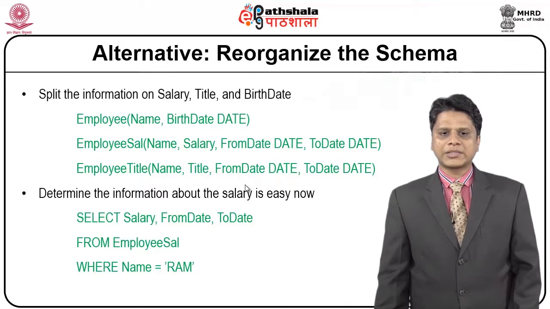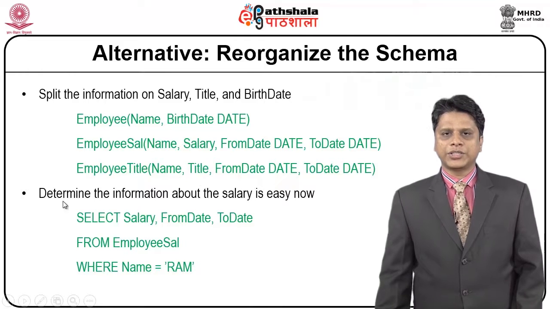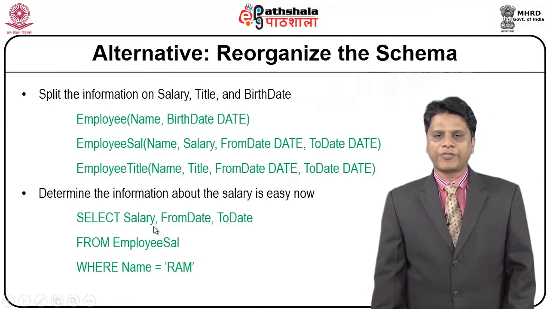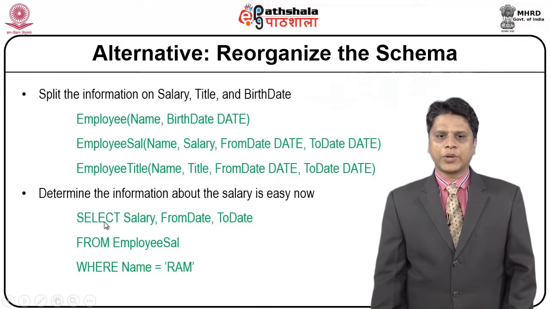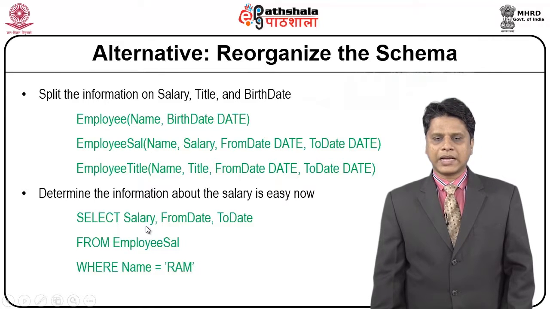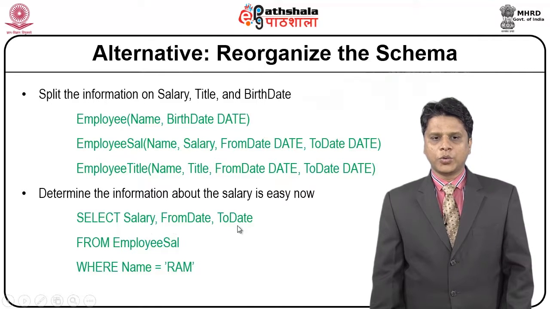But now, having divided the relation into three different relations, writing a temporal query after having reorganized the schema becomes easy to understand. So we can directly write a SQL query which says select salary, from date and to date from employee salary where name is equal to Ram.